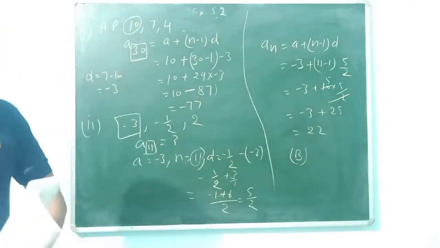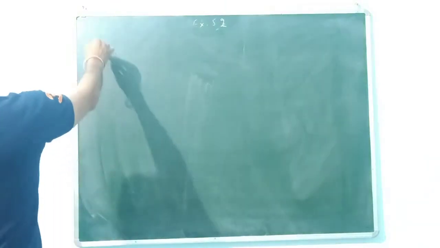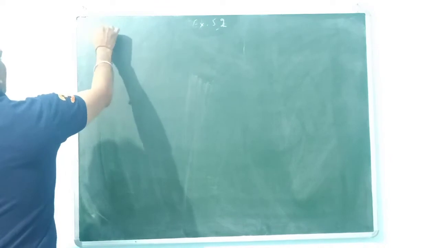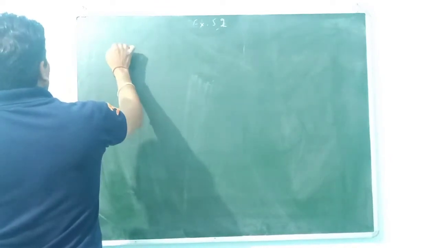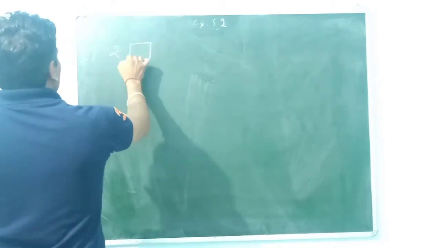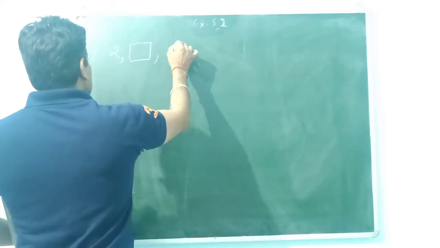Move to question number 3, first part. The box, 2, and this is 26.